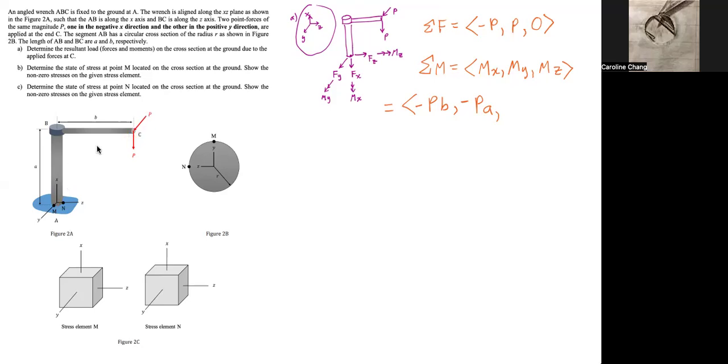This force will cause a rotation in this direction, and the moment will be, by the right-hand rule, pointing to the right, which is along the positive z direction. So Mz will be positive and given by P times the r length of a. So that's Pa.